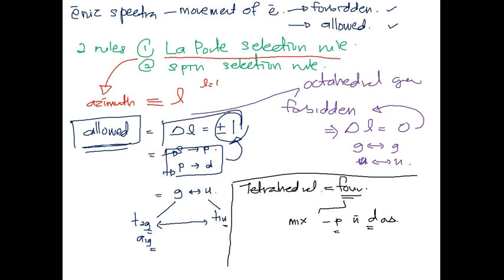So this tetrahedral geometry is usually grouped as partly allowed, because there are the criteria of allowed transitions as well as forbidden transitions. So they group it as partly allowed.